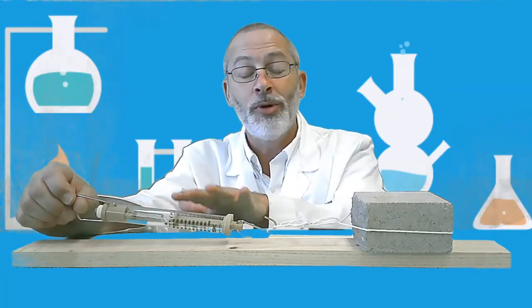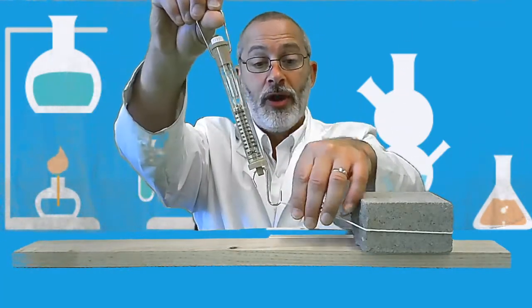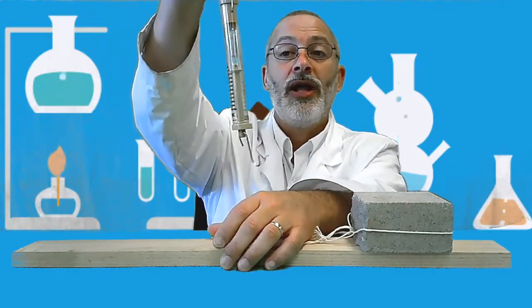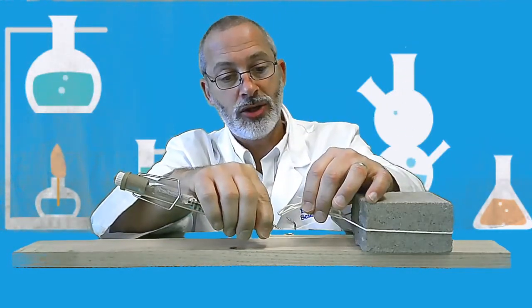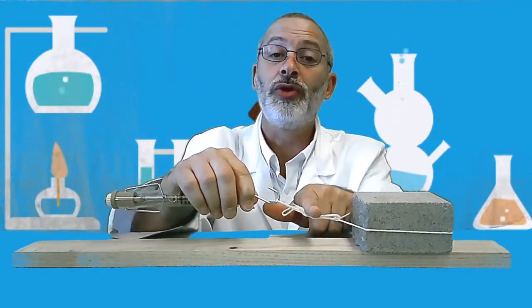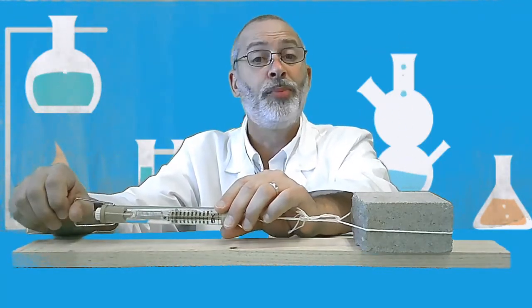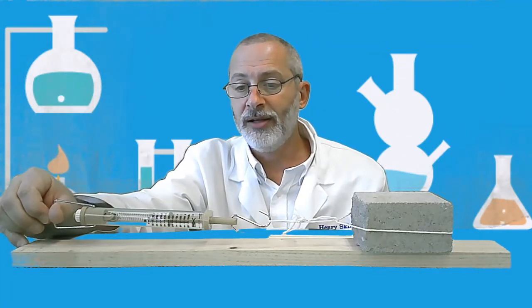So I know the numbers are difficult for you to see. So first of all, let me show you how the spring scale works. There's a handle on one side and there's a hook on the other side. We're going to attach this hook to a loop in the string that I've tied around the brick. And I'm simply going to pull gently and steadily the spring scale.